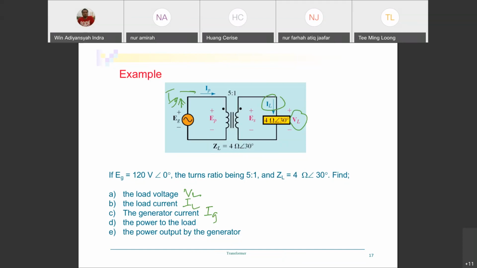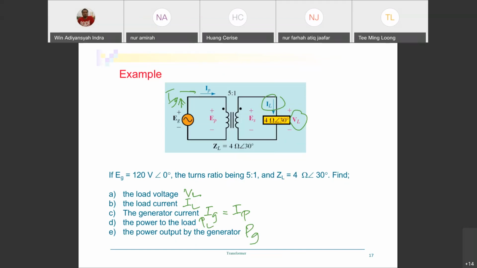So that means IG equal to IP, the primary current. Power to the load is PL. The power output by the generator, PG. This question is in the textbooks, so you can also read the detailed explanation in the textbooks.